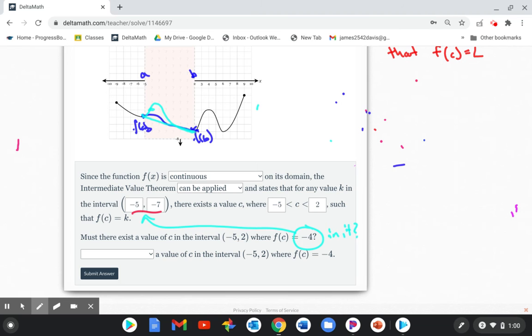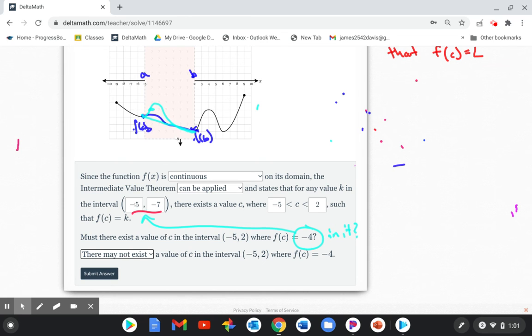We know it's going to hit all those, but we don't know for sure if it's going to hit -4. So there may not exist. Again, we can't tell for sure. We just know that there might not exist or there might exist. We can't say for certain based on the theorem because that is not in that interval.